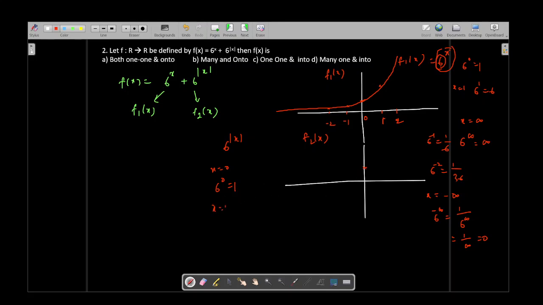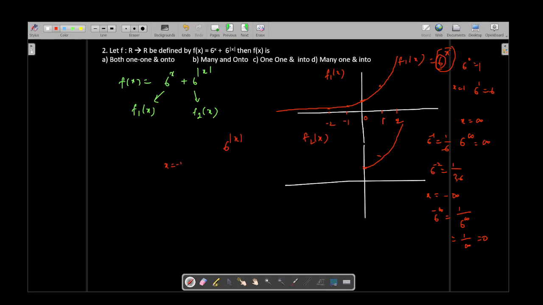If I put x is equal to 1, it is 6 power mod 1, which is 6 power 1, which is 6. So in the positive side, it looks very similar to f1 of x. It looks like a curve like this. It goes to infinity. Now at the negative x-axis, it takes a really interesting form.